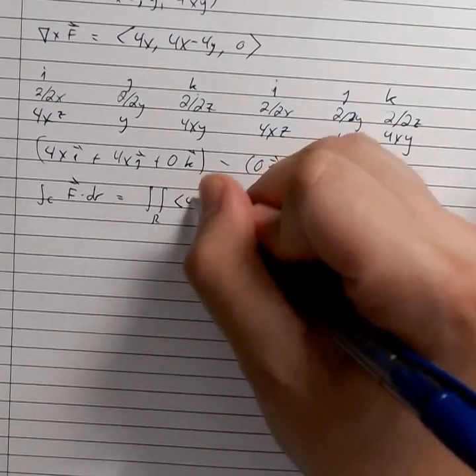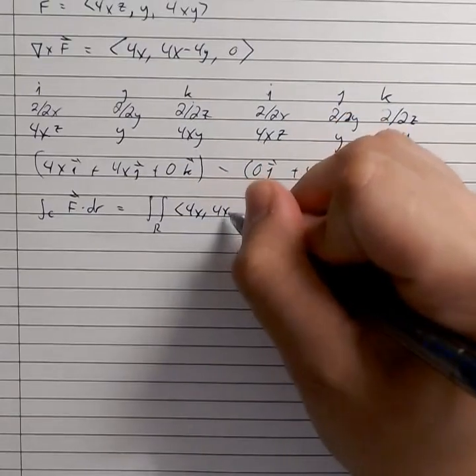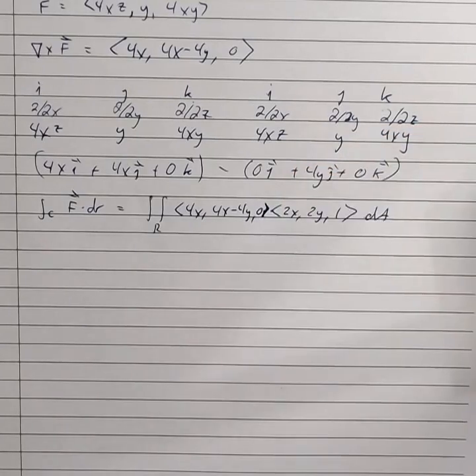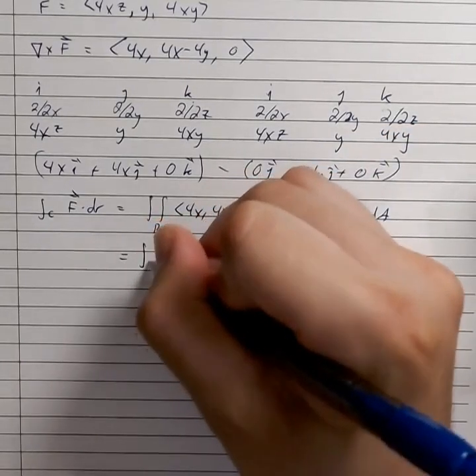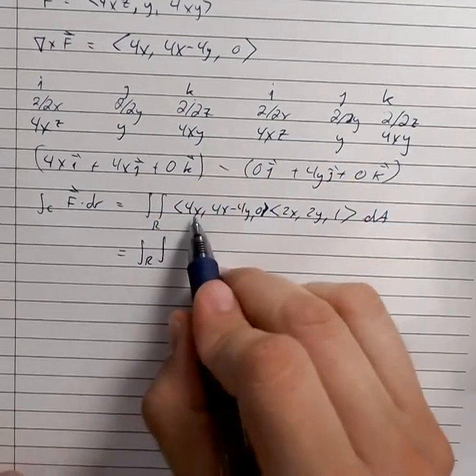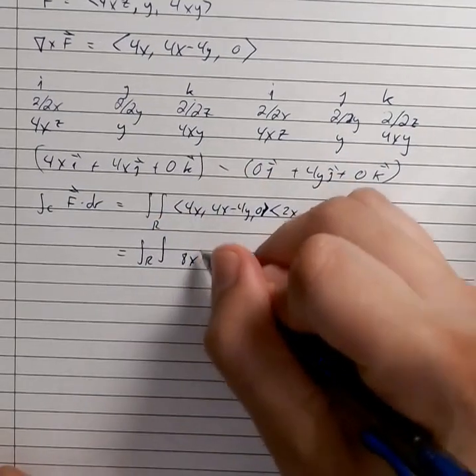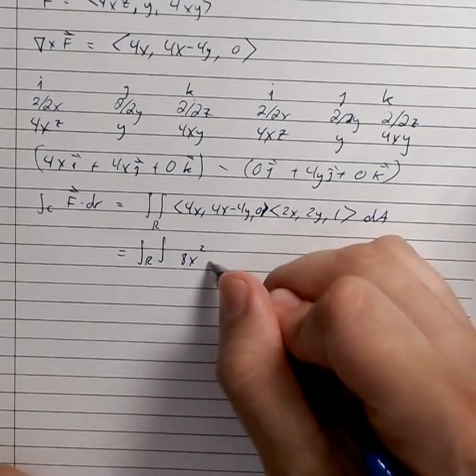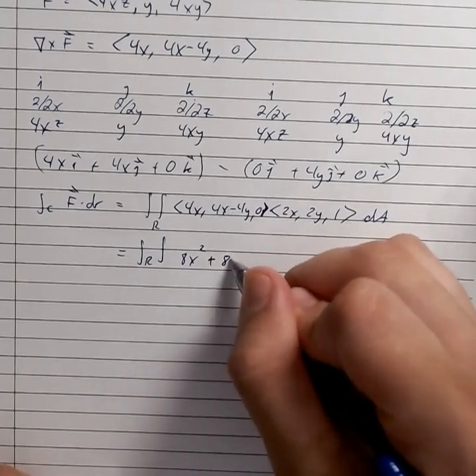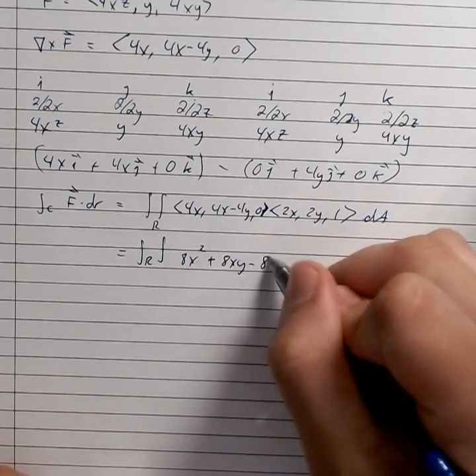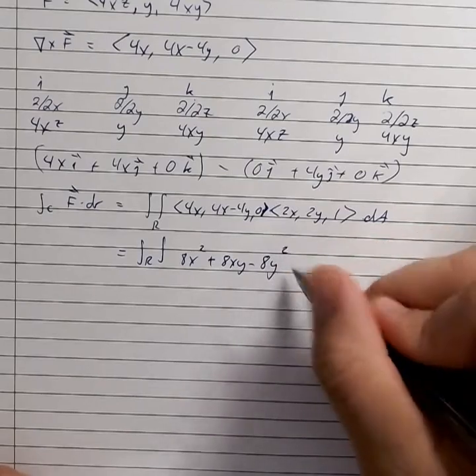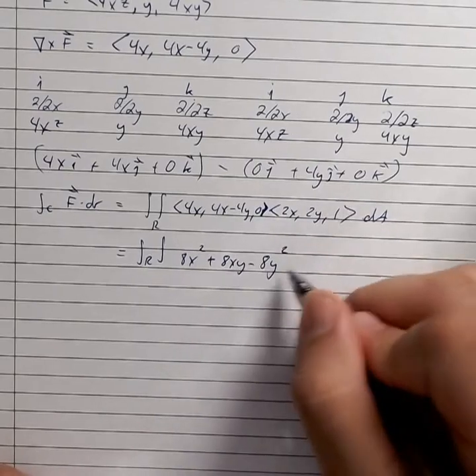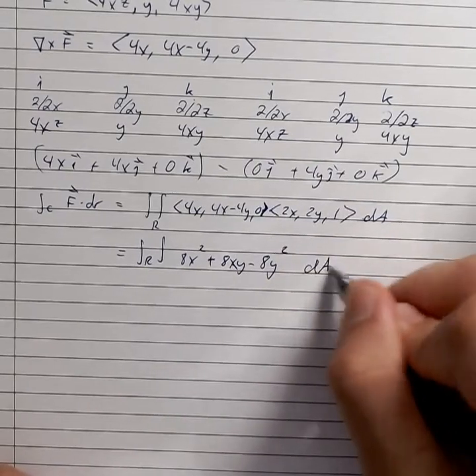That's going to be 4x, 4x minus 4y, 0. And so that's going to be the double integral over R. 4x times 2x is 8x squared. 4x minus 4y times 2y is plus 8xy minus 8y squared. And then 0 times 1 is just 0, so we can ignore that, dA.